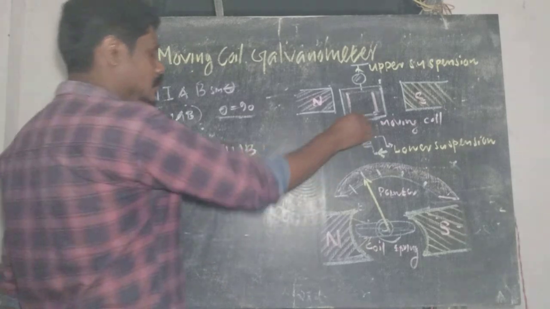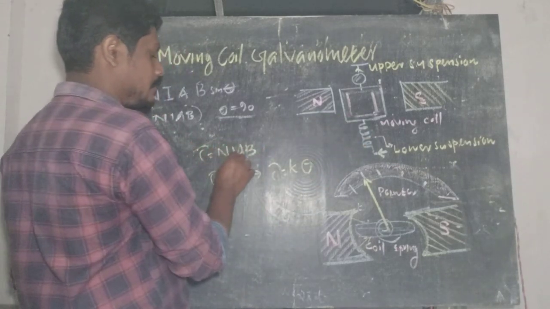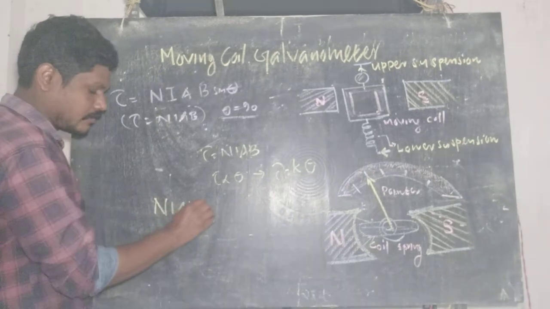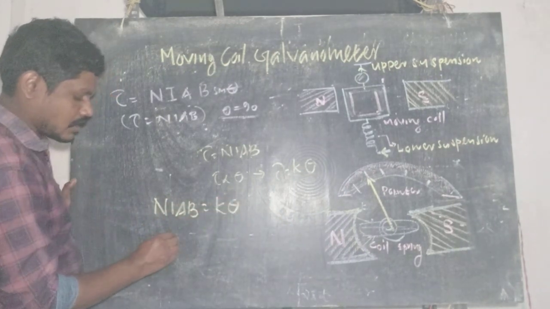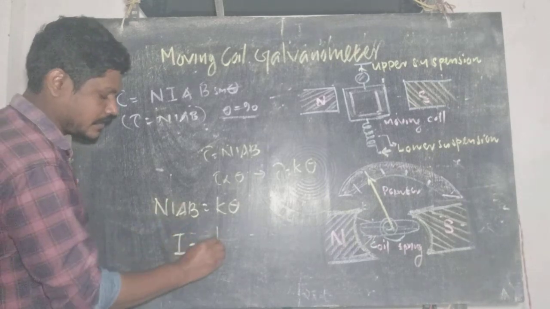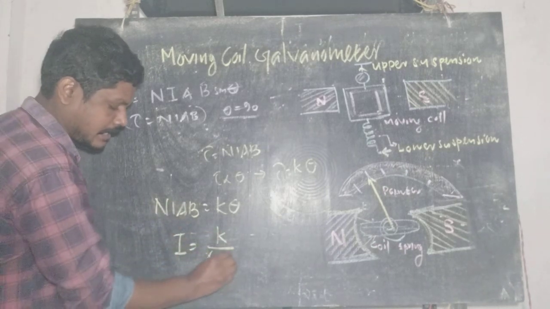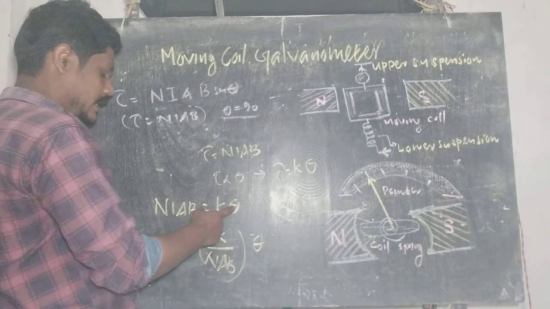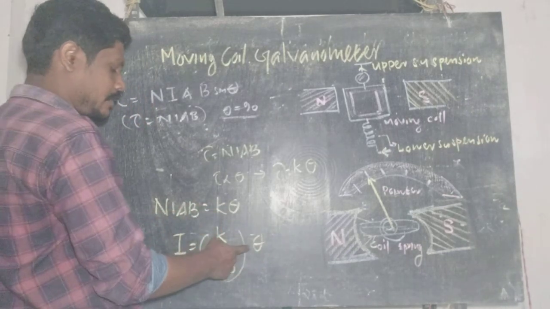In the same coil we have the torque NIAB and k theta. So we can write the torque NIAB equal to k theta, or current I equal to k by NAB into theta.